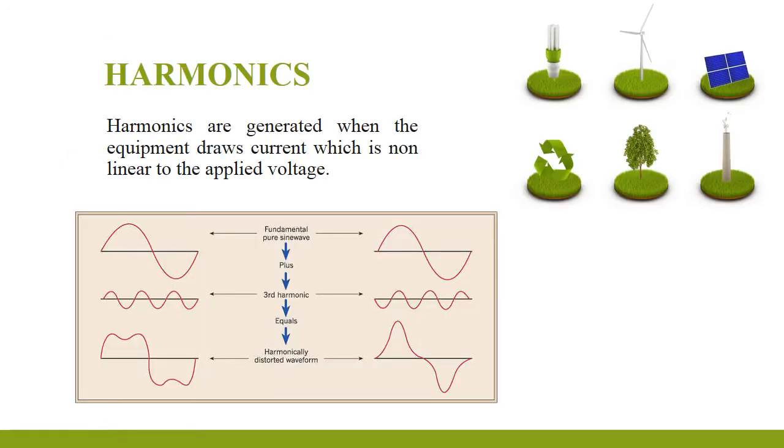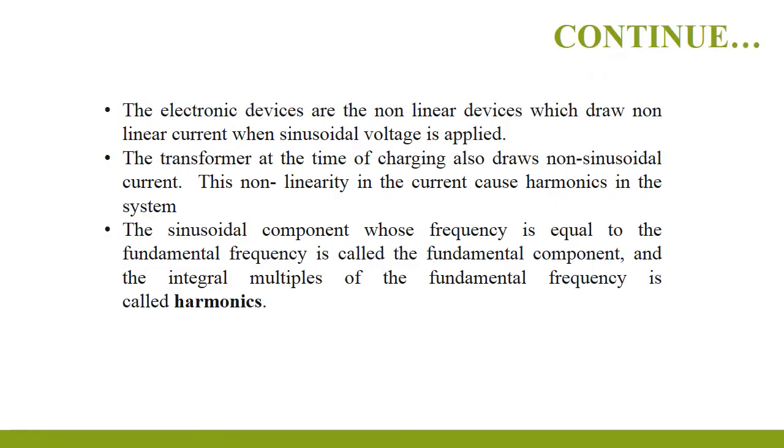So, what is harmonics? Harmonics are generated when the equipment draws current which is non-sinusoidal, or nonlinear to the applied voltage. Electronic devices are non-linear devices which draw non-linear current when a sinusoidal voltage is applied to them.